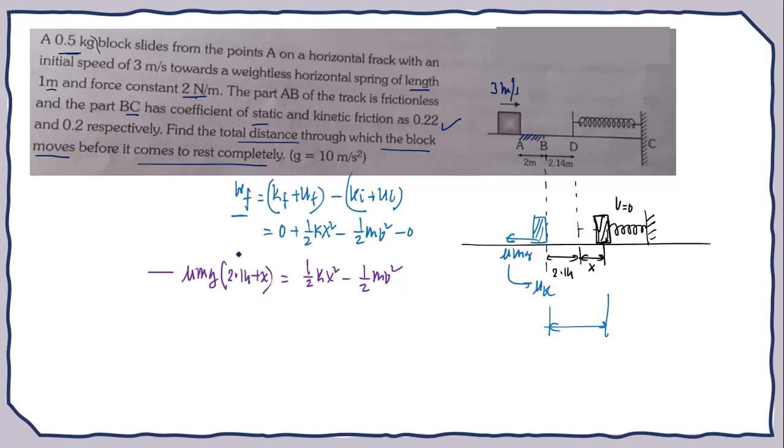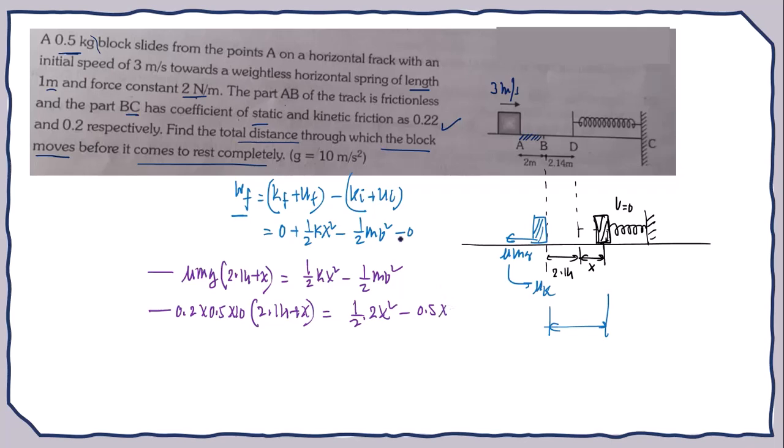Okay, now put all the values. So mu is given as 0.2 and m is 0.5. So it is 0.2 into 0.5 into 10 into 2.14 plus x equals half kx square. K is given as 2. So half into 2 into x square minus 0.5 into v square.